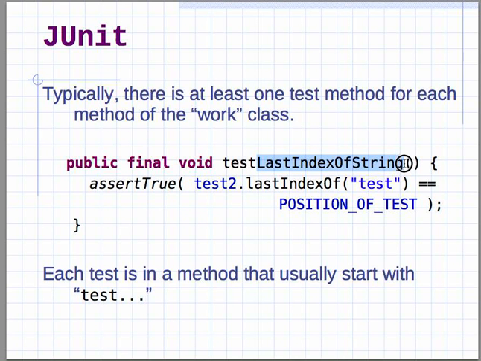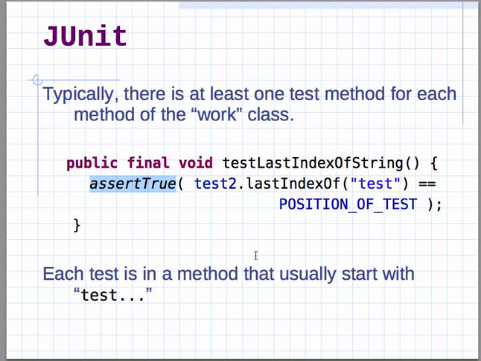So this is our method in our class that we want to ship, but we want to test it before we ship it. Each method like this will have a test method, and you do various things, and when you're all set up, you call assertTrue and then some condition. In this case, this condition has to evaluate to true.